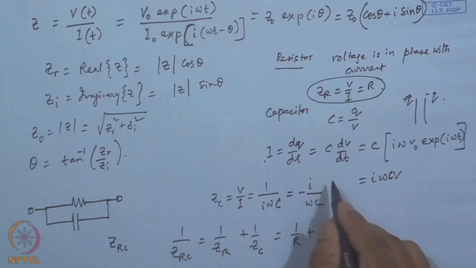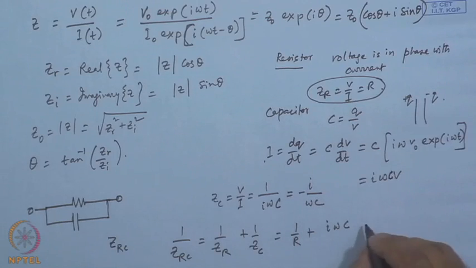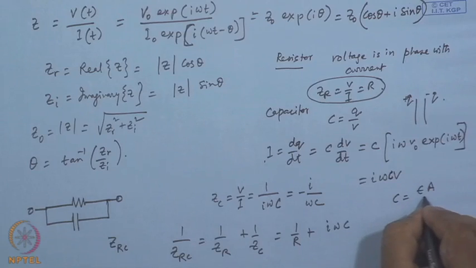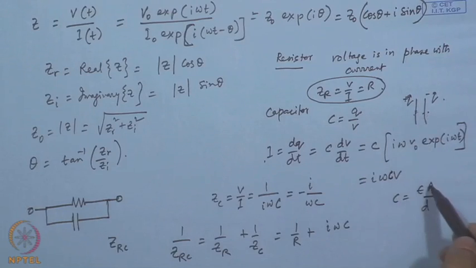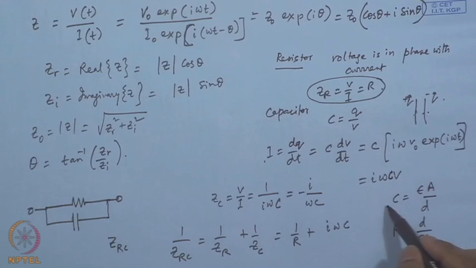Now, if one also makes note that C is equal to epsilon A by D, where D is the distance of separation between the two capacitor plates, A is the area of the plate and epsilon is the permittivity, and that R is equal to D divided by sigma A, with conductivity and area, these are classically how C and R are defined for an electric circuit.